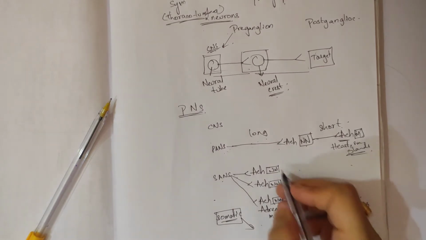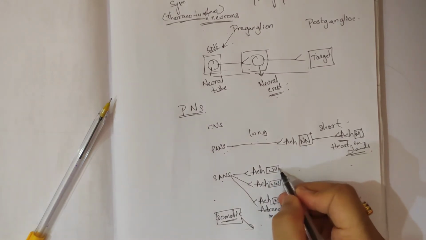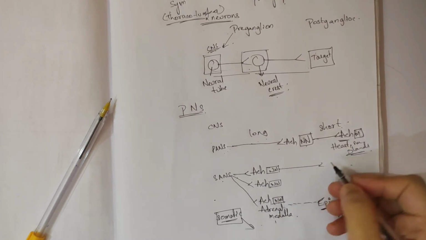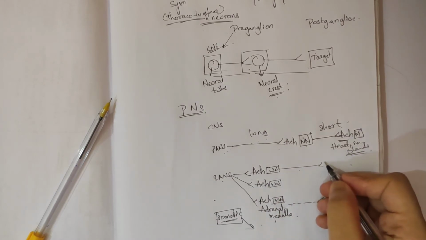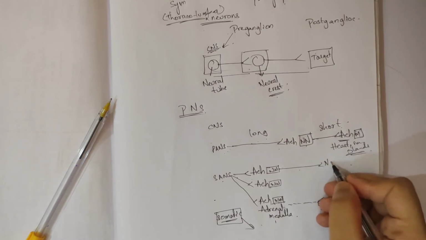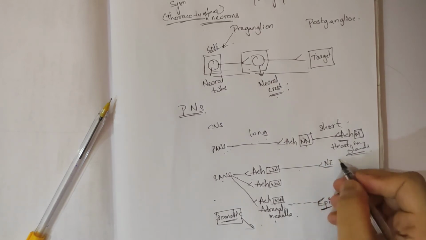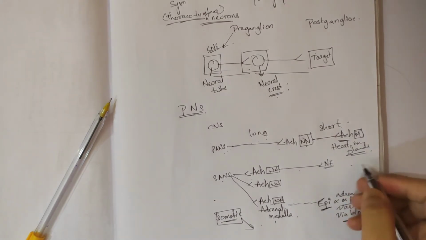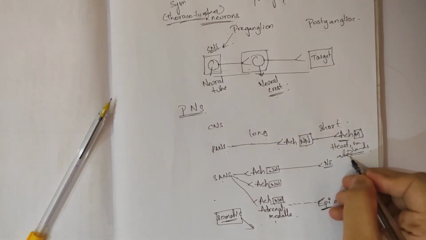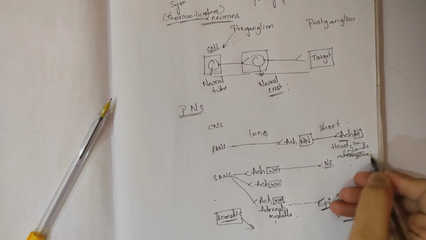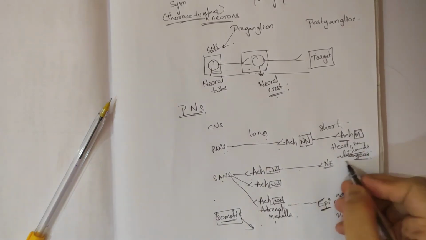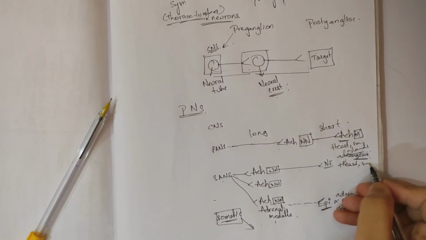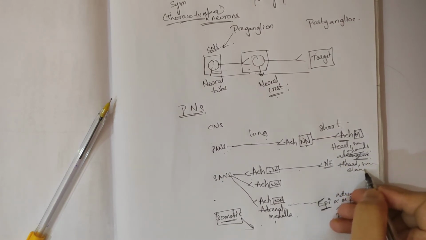And next one here is, if you take postganglionic receptors, that is norepinephrine, and again epinephrine or norepinephrine innervates these adrenergic receptors to various organs like heart, smooth muscles and glands.